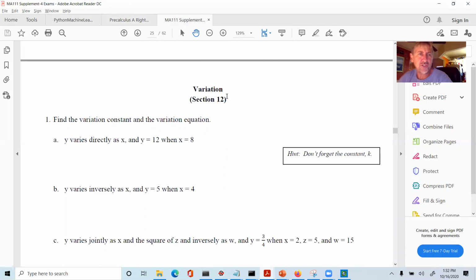So y varies directly as x, and y equals 12 when x equals 8. So supplement section 12. Okay, y varies as x, so that means y equals k times x.